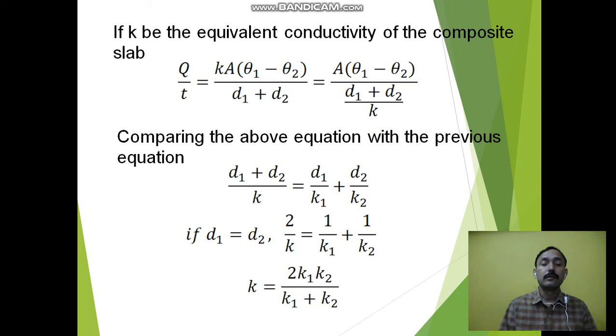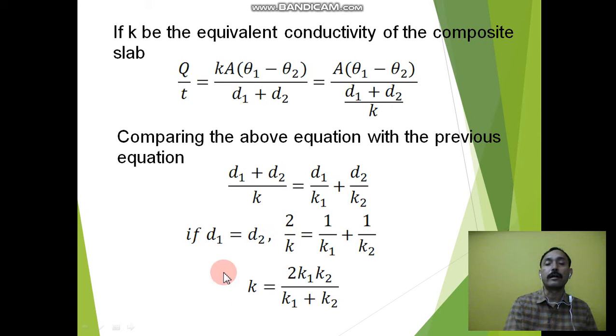Now if the widths are the same, that means d1 is equal to d2, then we can write 2 d1 by K equals d1 by K1 plus d1 by K2. Dividing both sides by d1, 2 by K is equal to 1 by K1 plus 1 by K2.